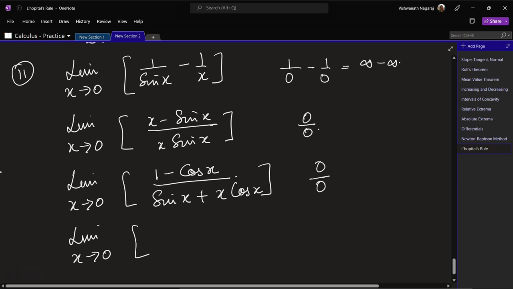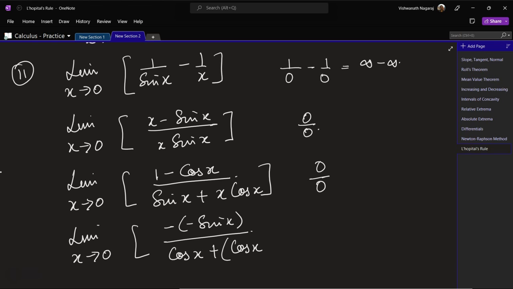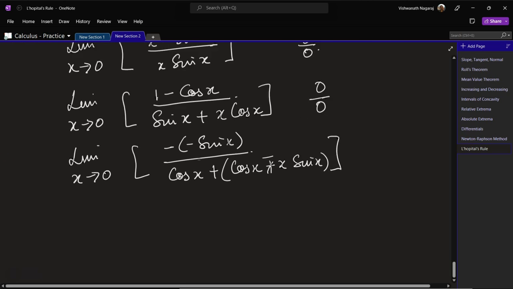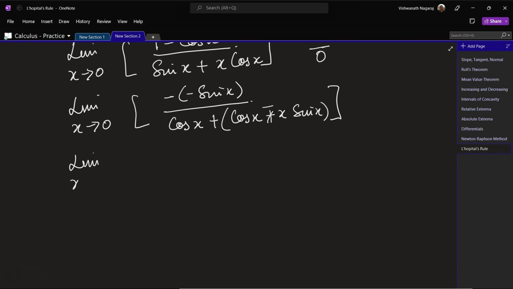So again we differentiate. We get what? Sine x divided by, chain rule here, so 1 times cos x plus x times minus sine x. So this will become minus sine x, right? Let's simplify this. Limit as x approaches 0 of sine x divided by, so here we have cos x plus cos x.